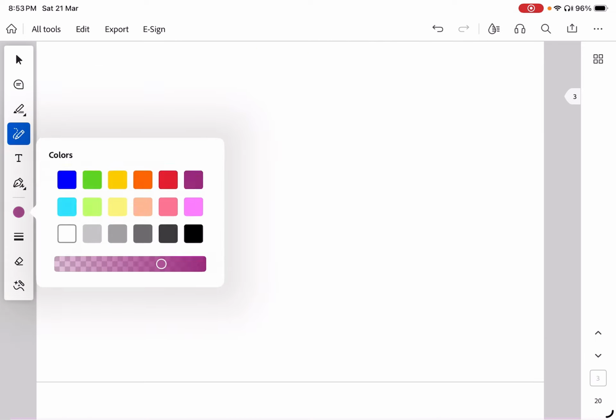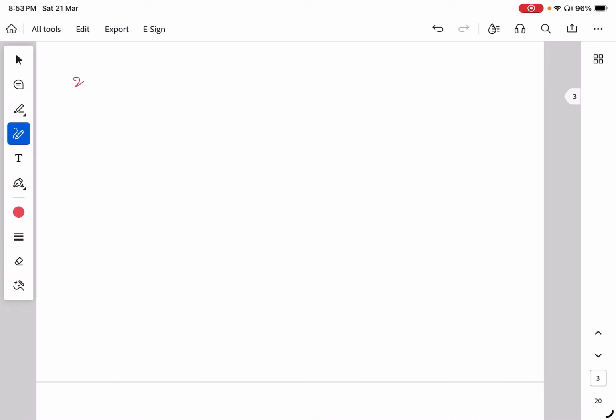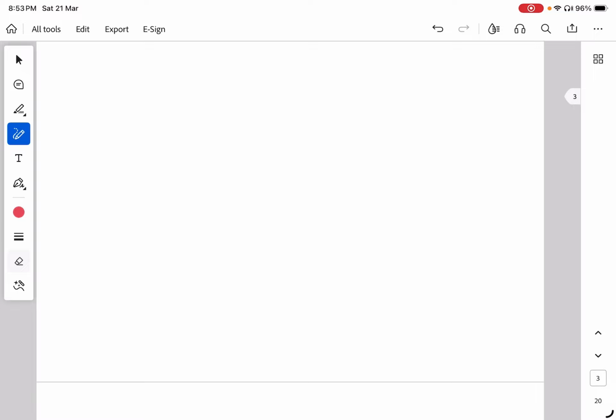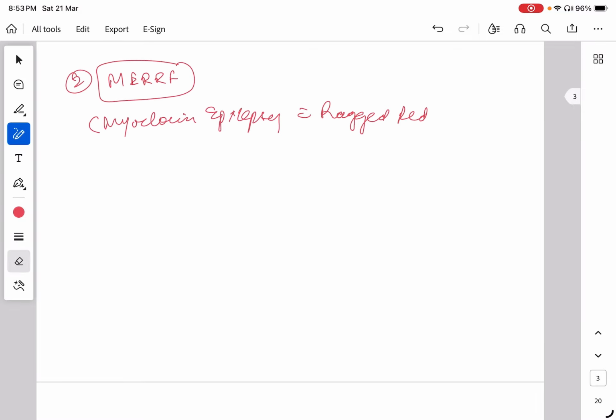Okay, so this was about that disease. Now another example is MERRF. This is another important disease, and what is the full form? Myoclonic epilepsy with ragged red fibers. So this is important.